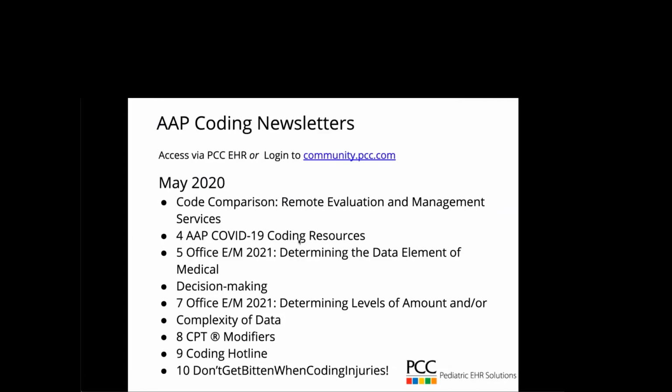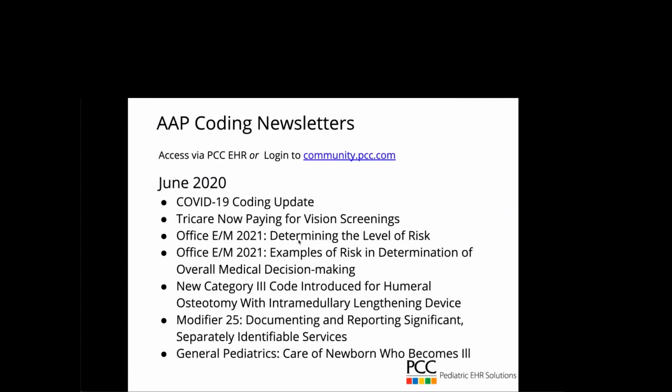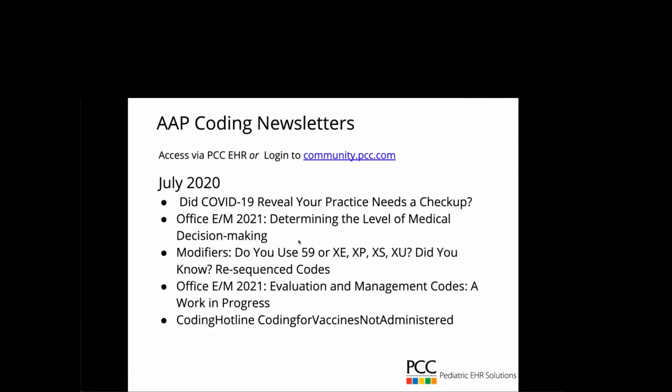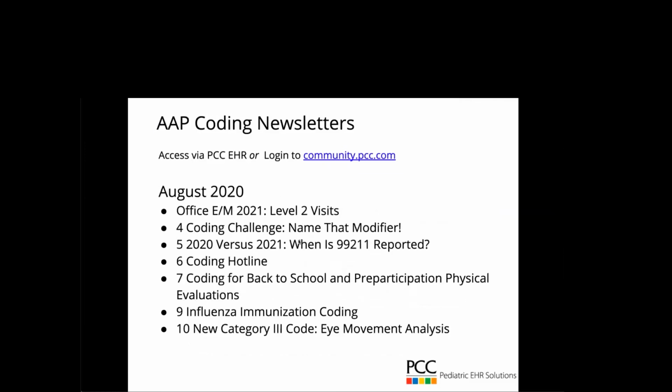So quickly, again, these are all in the slides that I'm going to make available when we're through here. More coding updates, TRICARE changes, more Office 2021 changes, osteotomy changes, Modifier 25 articles, all kinds of great stuff. More E&M 2021, modifier exploration, and coding level 2 visits.